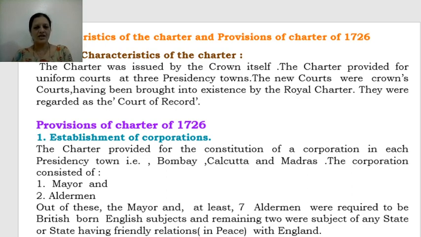Out of these, the mayor and at least seven aldermen were required to be British-born English subjects, and the remaining two were subjects of any state having friendly relations with England or states which were at peace with England.